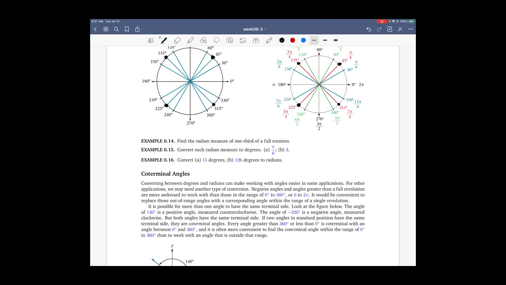Well, because a full rotation has measure of 2 pi radians, 1/3 of a full rotation has measure 2 pi over 3, 1/3 of 2 pi.